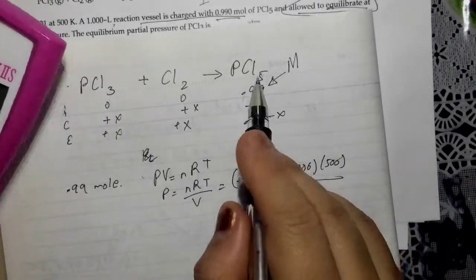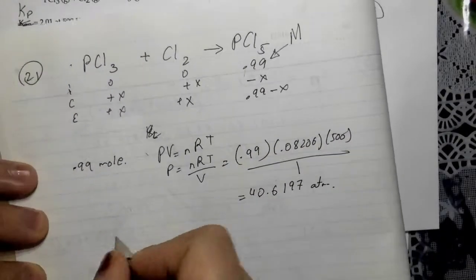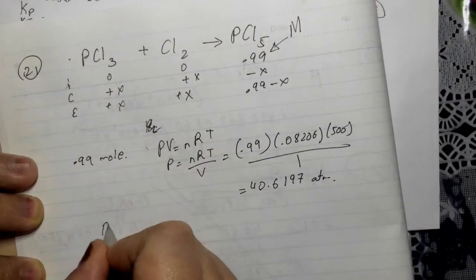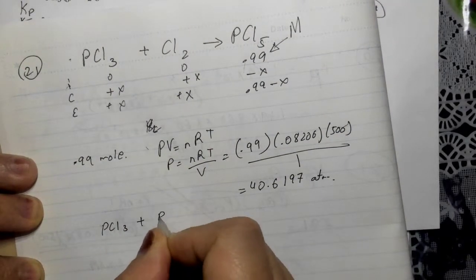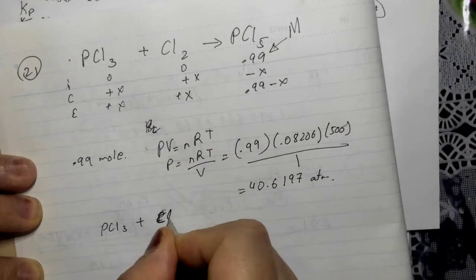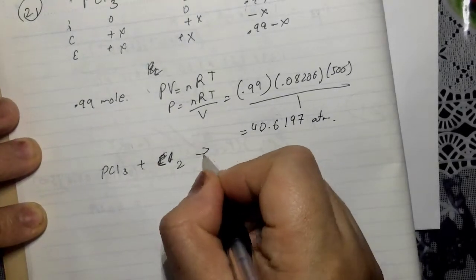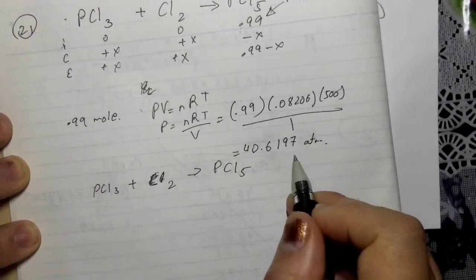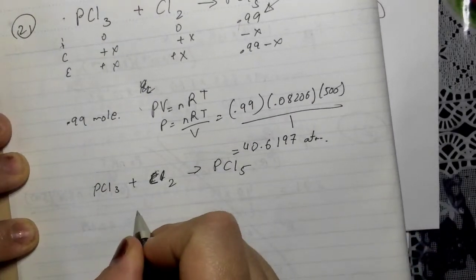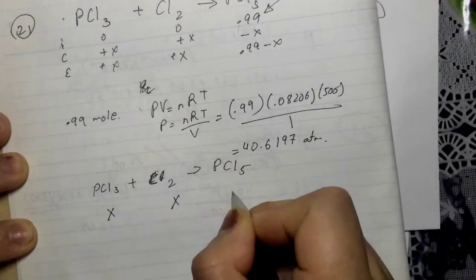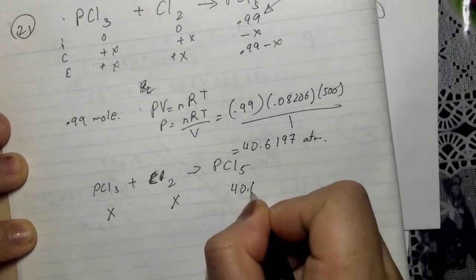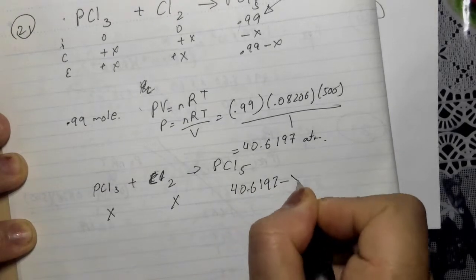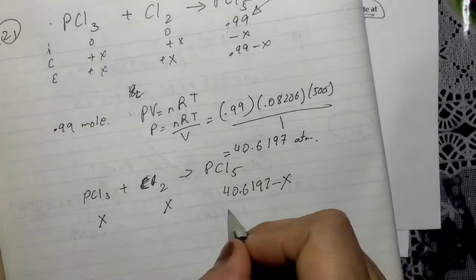Now I can replace that. So if we were to rewrite that last part, PCl3 plus Cl2 go to PCl5, I can replace 0.99 with this so that I get the pressure one. So it's going to be x, x, and then 40.6197 minus x. Okay, 40.6 I will use.